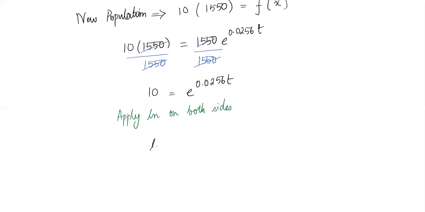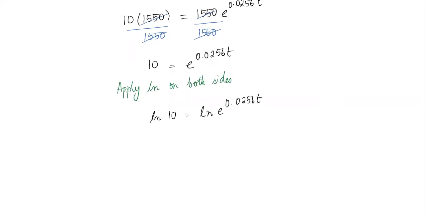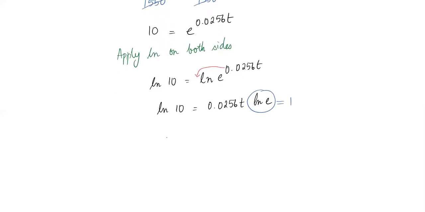So we have ln10 equals lne power 0.0256t. And we know that this really enables us to bring the power down to the front. So ln10 equals 0.0256t lne, and we know that lne is equal to 1, so that makes it even better. ln10 equals 0.0256t. Then one last step, get t by itself.